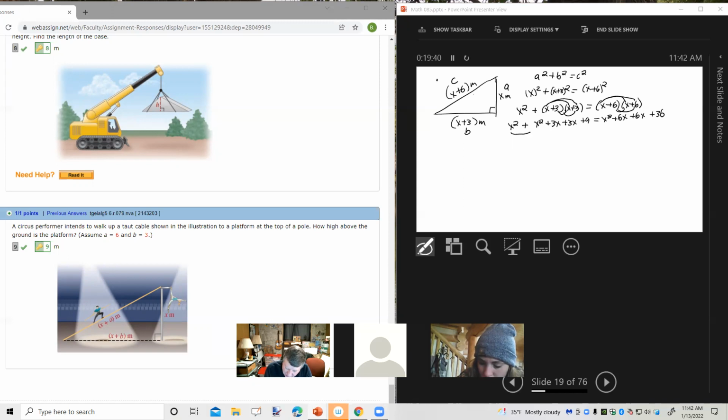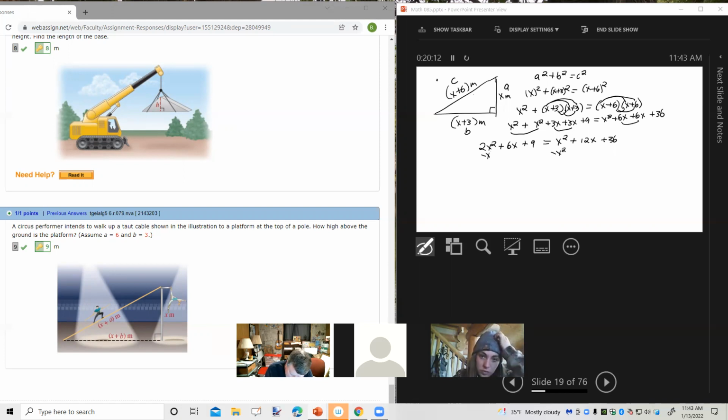Combining like terms on the left side of the equation, we get 2x squared plus 6x plus 9. Combining like terms on the right side, x squared plus 12x plus 36. So we have a second degree equation. I'm going to shove everything over to the left side, so my leading coefficient of x squared will be positive.